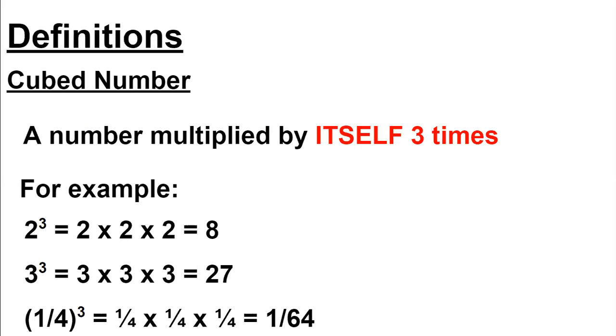So 2 times 2 times 2, which is equal to 8. 3 cubed is equal to 3 times 3 times 3. So that is equal to 27. You can also do cubes with fractions. 1/4 cubed is equal to 1/4 times 1/4 times 1/4, which will then give you 1/64.